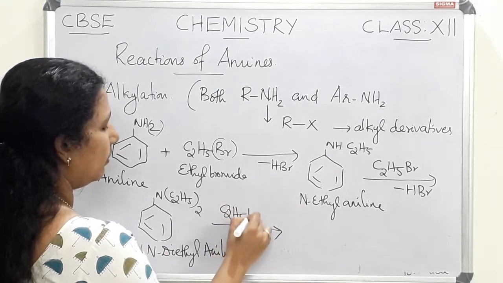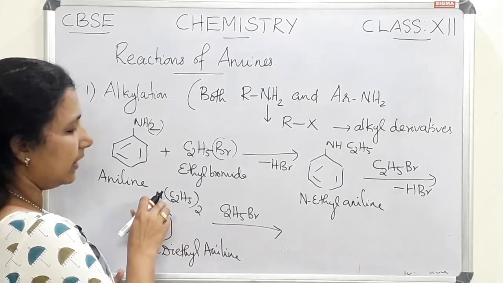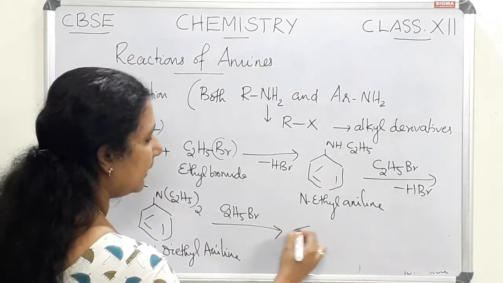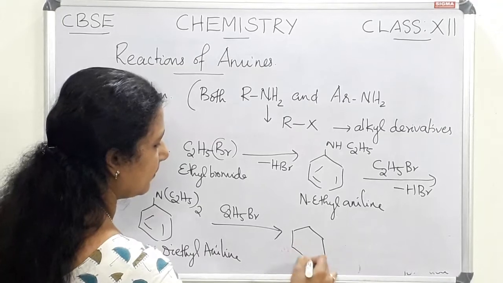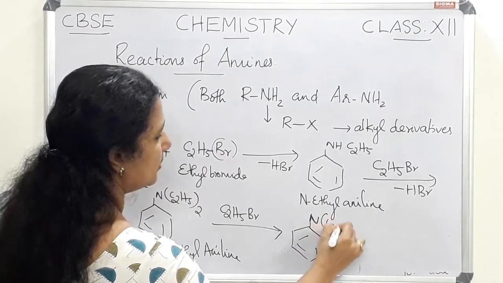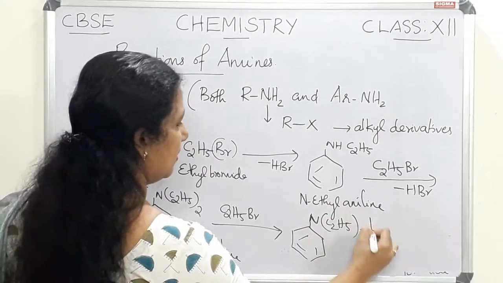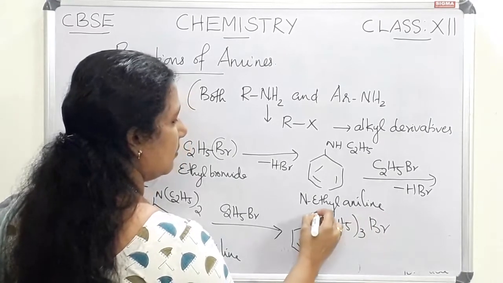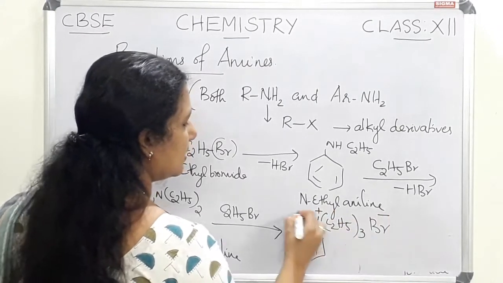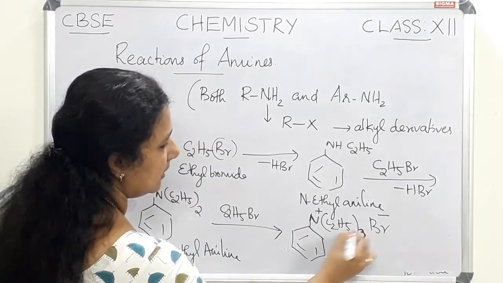So in the next step, again one more molecule of C2H5Br. Here there is no elimination since there is no hydrogen atom, and the final product will be C6H5N(C2H5)3Br.